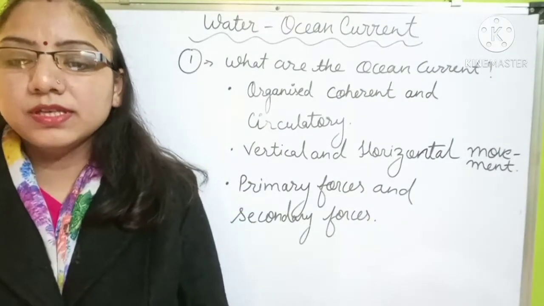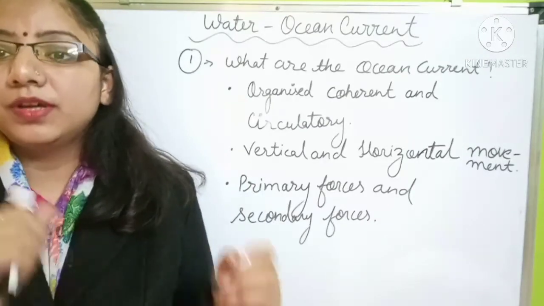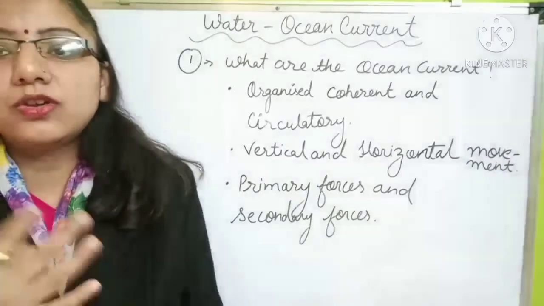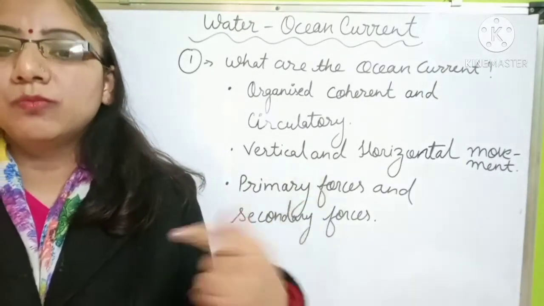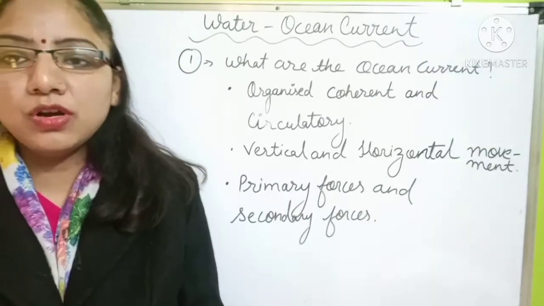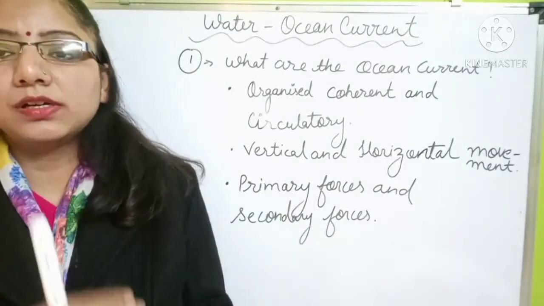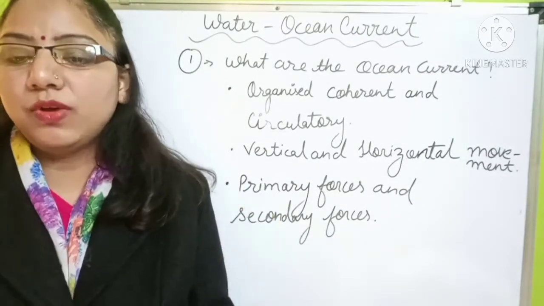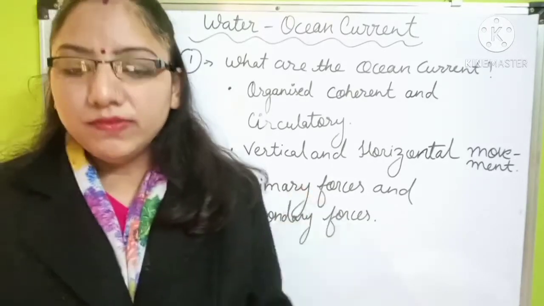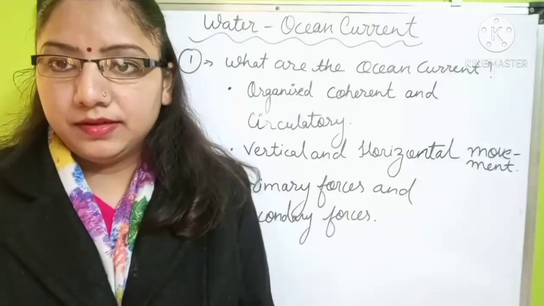The primary forces are solar heating, that is solar radiation, wind, the pressure of wind, the gravity of our earth and the Coriolis force, which shows the movement of our earth. And if we talk about the secondary forces, the shape of the coast is a secondary force which is influencing the occurrence of the oceanic currents. Now we will see these two types of forces in detail.